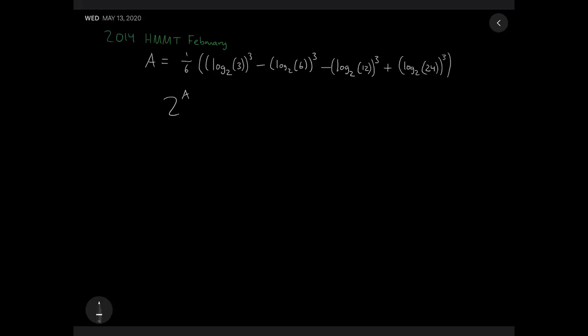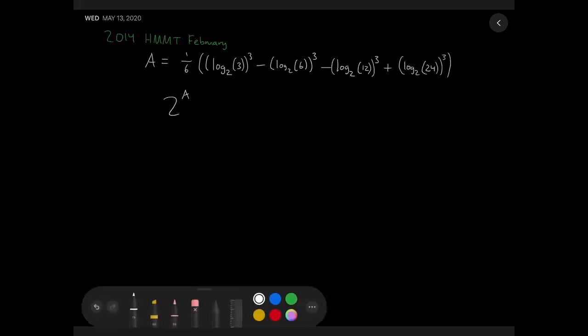We're running short on time, so we're going to move quickly with this one. So HMMT, like I said, pretty hard. Let's look at our expression. We have log 2 of 3, log 2 of 6, log 2 of 12, log 2 of 24. Each time you're multiplying the number inside by 2, right?